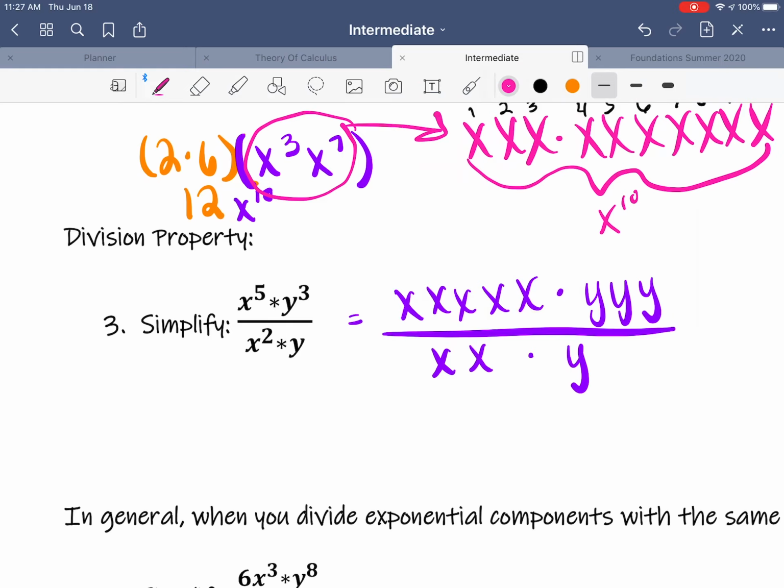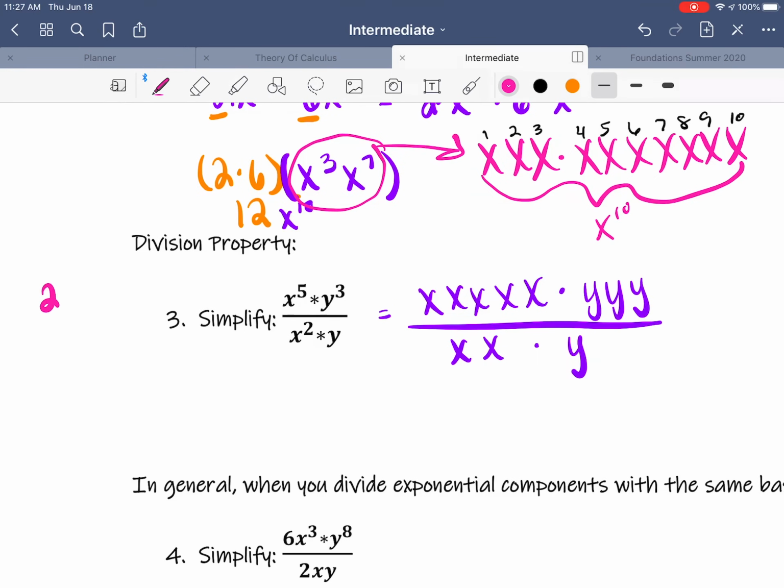So we know, let's back this up. We know that if we have, for example, 2 over 2, that divides to 1. So we can use that same concept here. These are all being multiplied together.